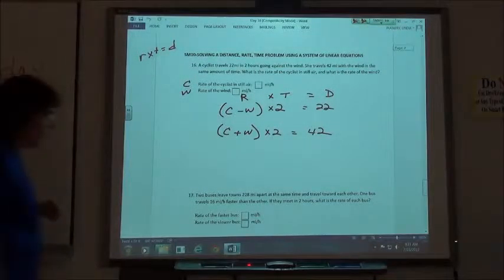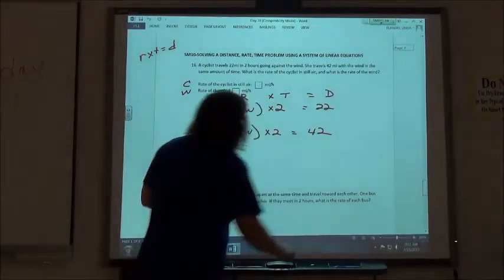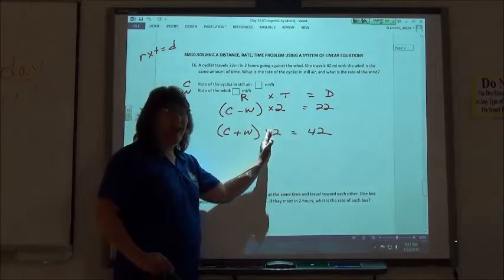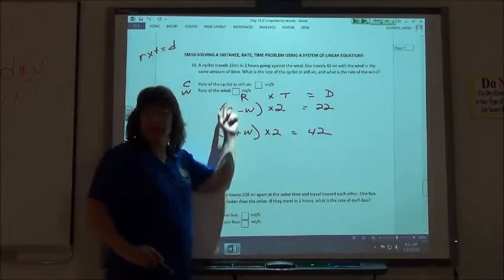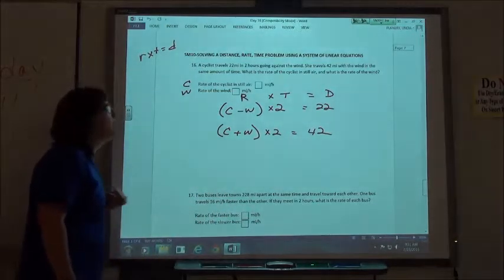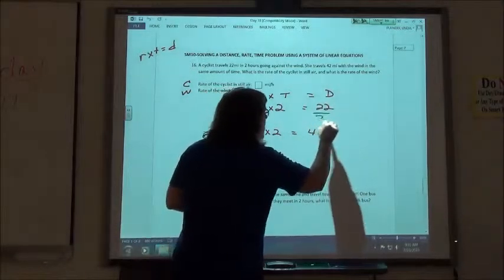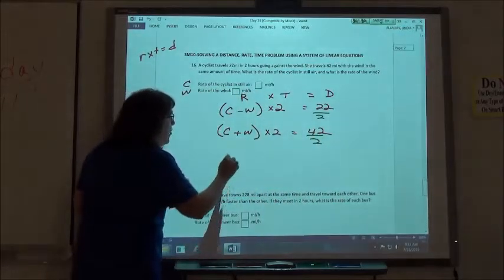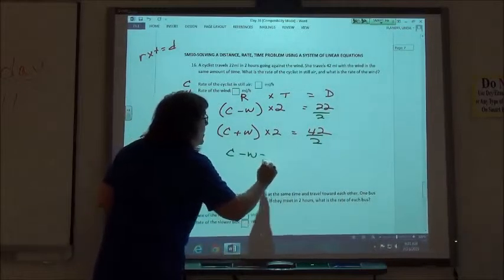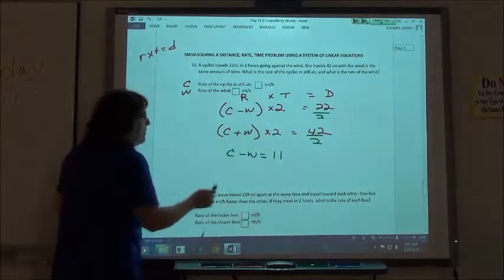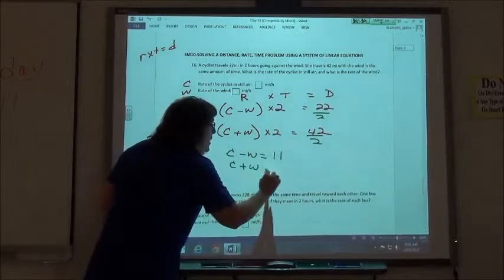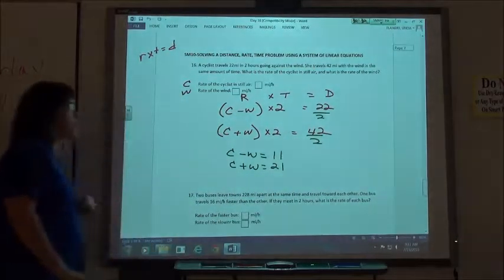So what they're going to do with these ones is go ahead and divide by the time right away so that they can get the rates, the variables, by themselves. So I'm going to divide by 2 on both of these. My top equation then, C minus W equals 11. My bottom equation, C plus W equals half of 42, which would be 21.